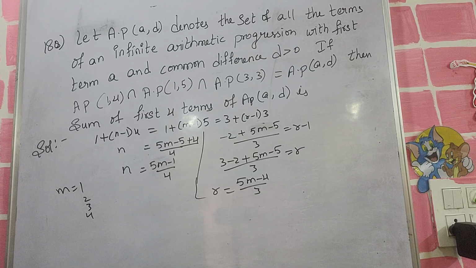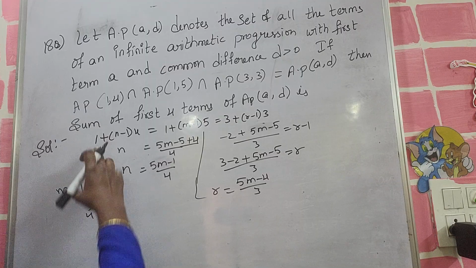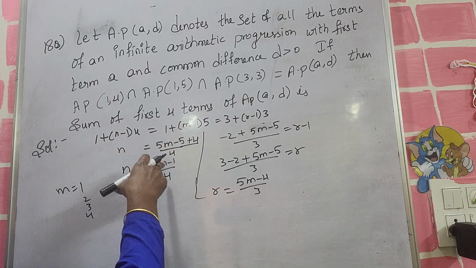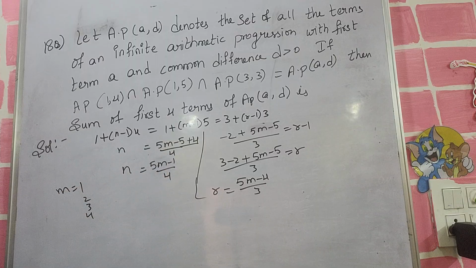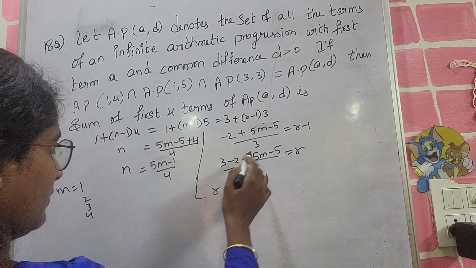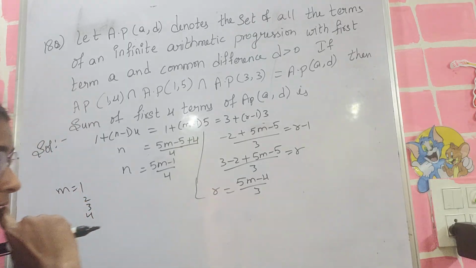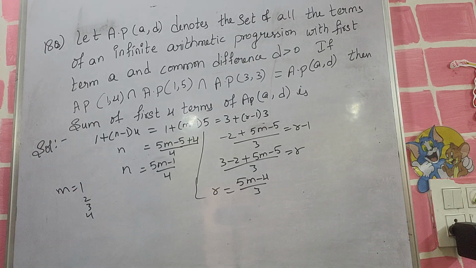I think somewhere it has gone wrong. Actually, we need to get it from between these only. Divided anywhere wrong? The 1 cancelled, and 5m minus 5, then 4 is divided, and minus 4, then (5m minus 1) by 4, and here 5m, minus 7 plus 3 is minus 4.